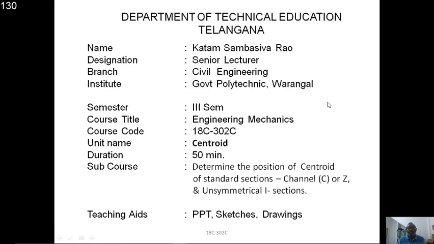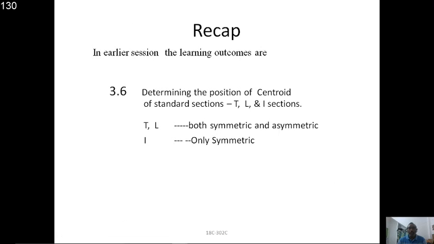In the previous session we learned about determining the position of centroid of standard sections: T section, L section or angle section, and I section, which is only symmetric about the y axis.